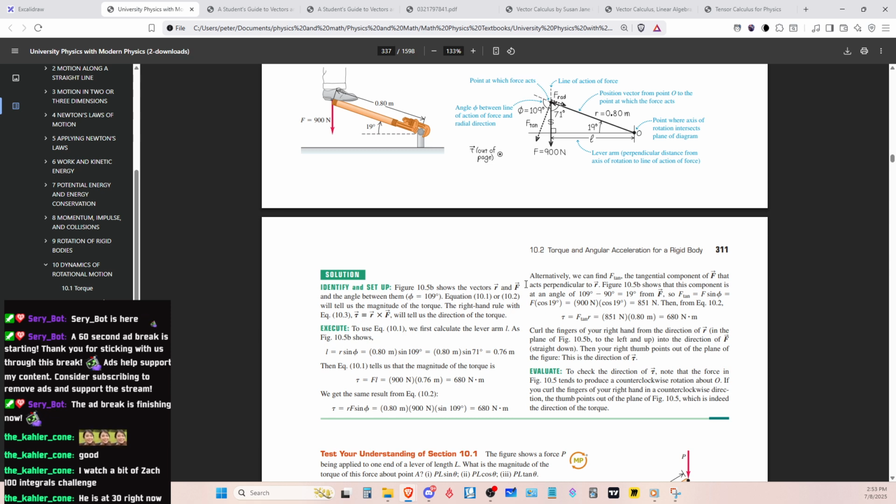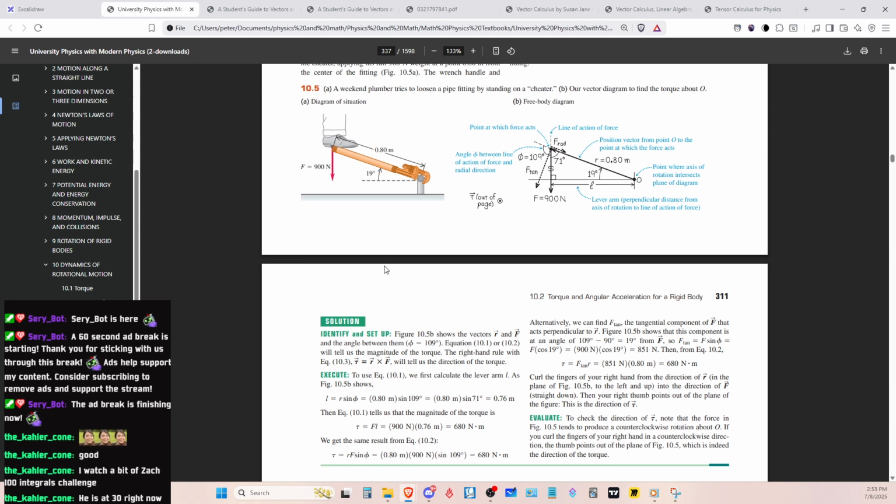Alright, so vector, the angle between them. So this is the distance. Oh, okay. This is probably why I went wrong. Basically, I forget that it has to be the angle in between the distance and the force. I was thinking about the angle between the horizontal and the... Okay, yeah.